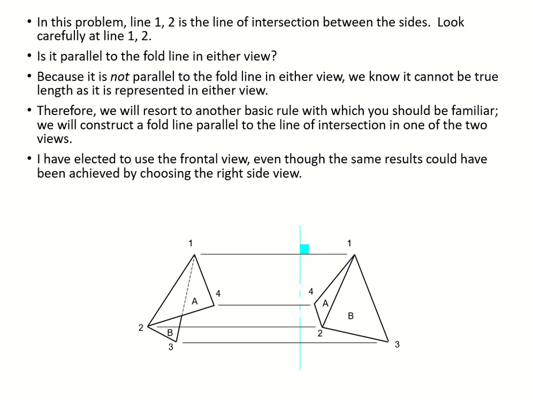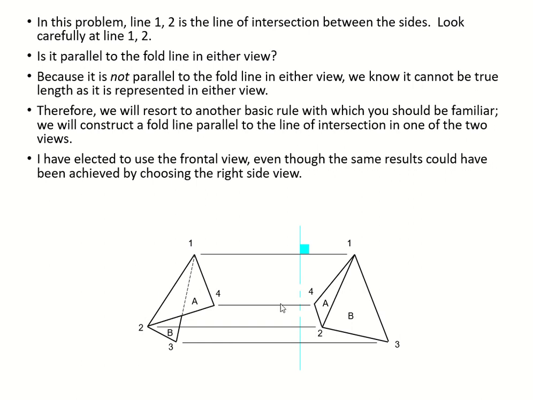Then we will draw the third view, which is your top view, from these views. First, we have to identify whether any of the lines, the line of intersection 1, 2 on the front and 1, 2 on the right, is parallel to the fold line.